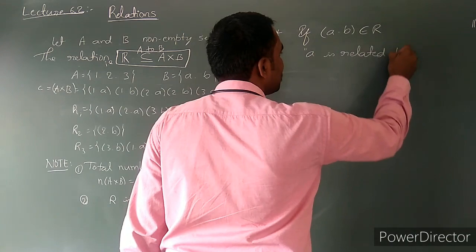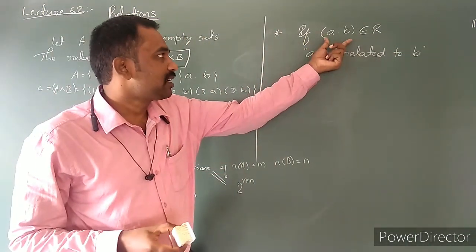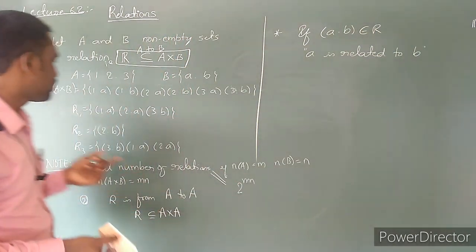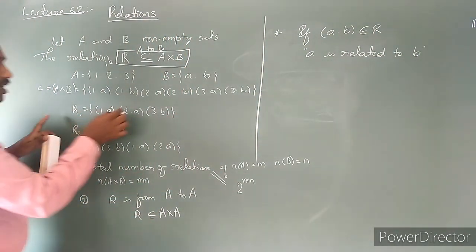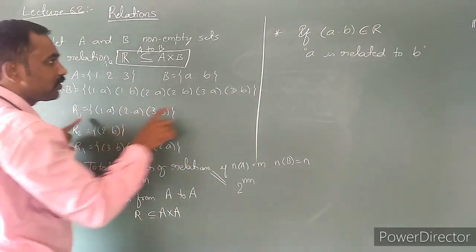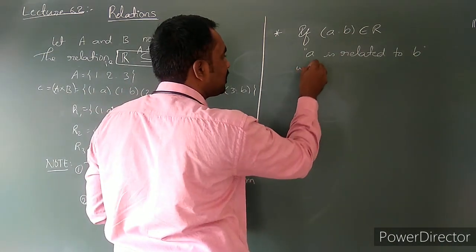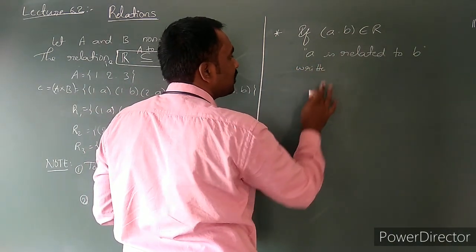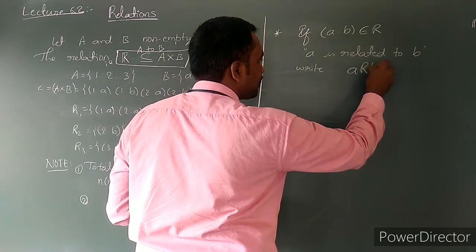If the ordered pair (a, b) is present in the relation R, then we can say that a is related to b. And we write it as a R b.